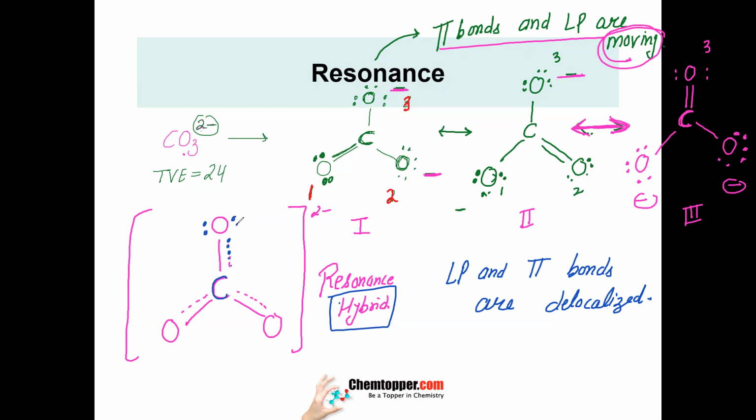And the lone pairs, which we were earlier making on one of the oxygen more than other oxygen less, now they are uniformly distributed all around it. So resonance means delocalization of pi bonds and lone pairs, and the molecule exists in the resonance hybrid. We are clear about it, children?